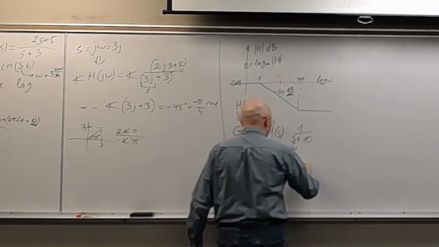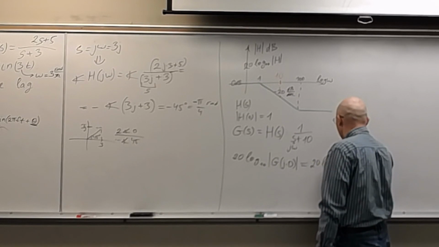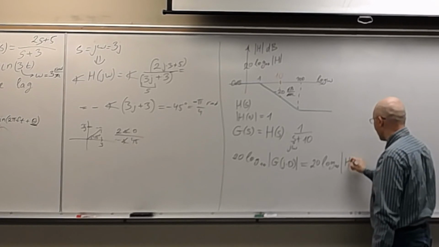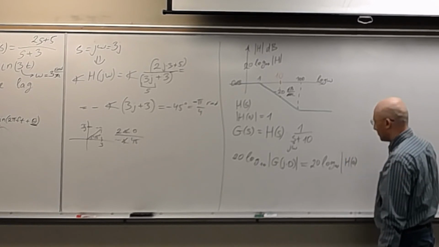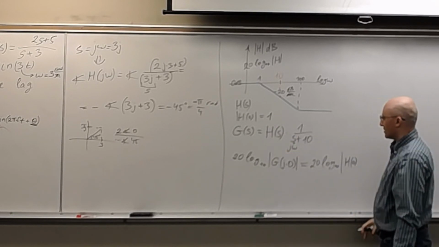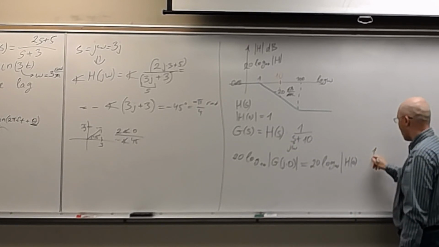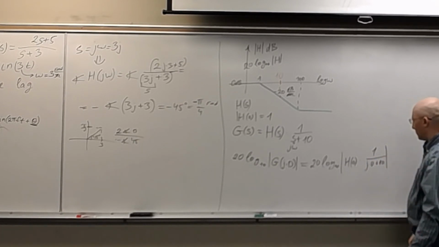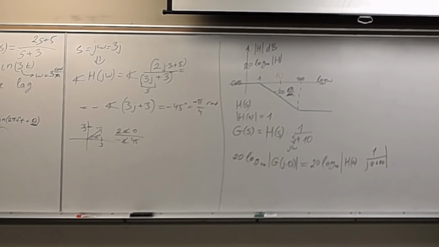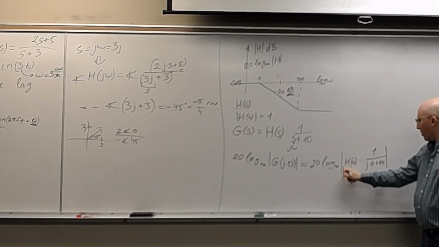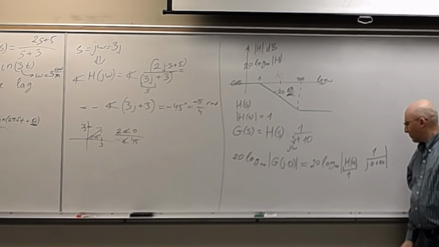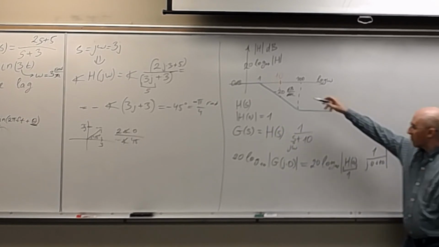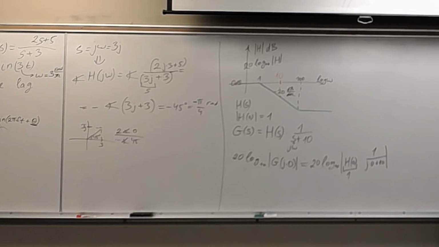Okay, let's compute that. Let's put numbers in. So we have 20 log of the absolute value of h of 0, because this is what g of s is, times 1 divided by j0 plus 10. This is where you start. Now, this one we know, right? It's 1. This is a gain, because it's given by the green thing, 0 dB, it's 1 gain.